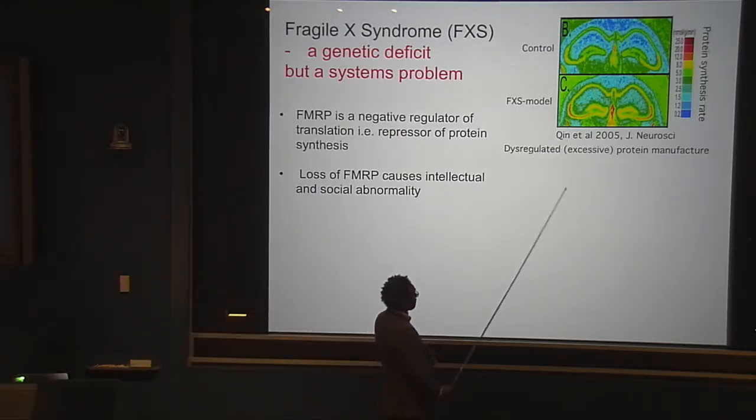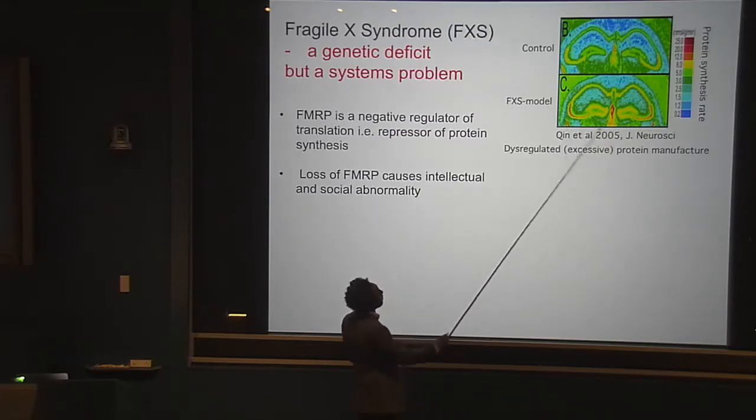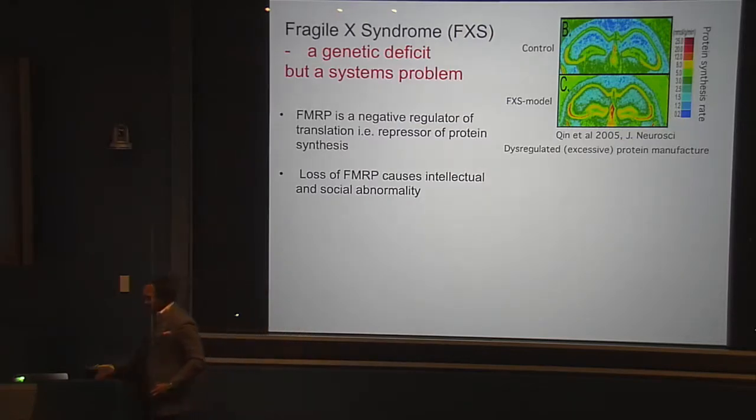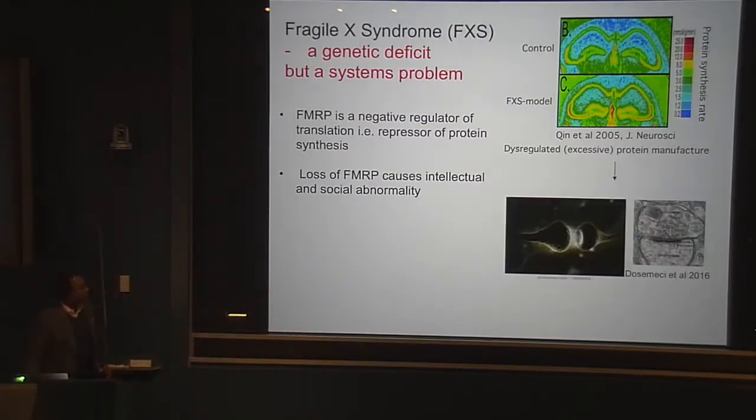This is just a slide that shows if you measure how much protein gets synthesized in this region of the brain, the hippocampus, there's a lot more being manufactured in the knockout mouse, the Fragile X model. In particular, the proteins are being manufactured here at synapses, cartooned like this, and this is what one actually looks like in cross-section.